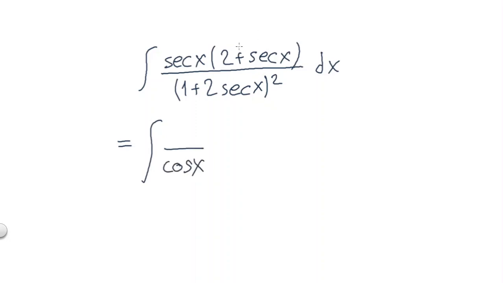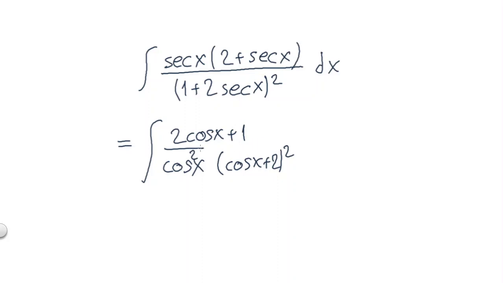For example, this one, 2 plus 1 over cosine, so this will be 2 cosine x plus 1 on this part, and cosine again here, so this is cosine squared. And for this thing, this is 1 over 1 plus 2 over cosine, so cosine x plus 2 squared here, and at the denominator it has cosine squared.